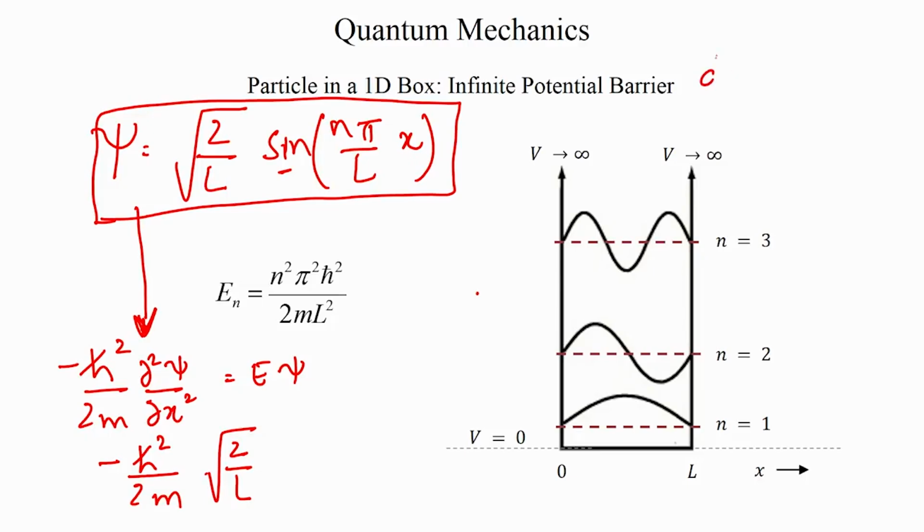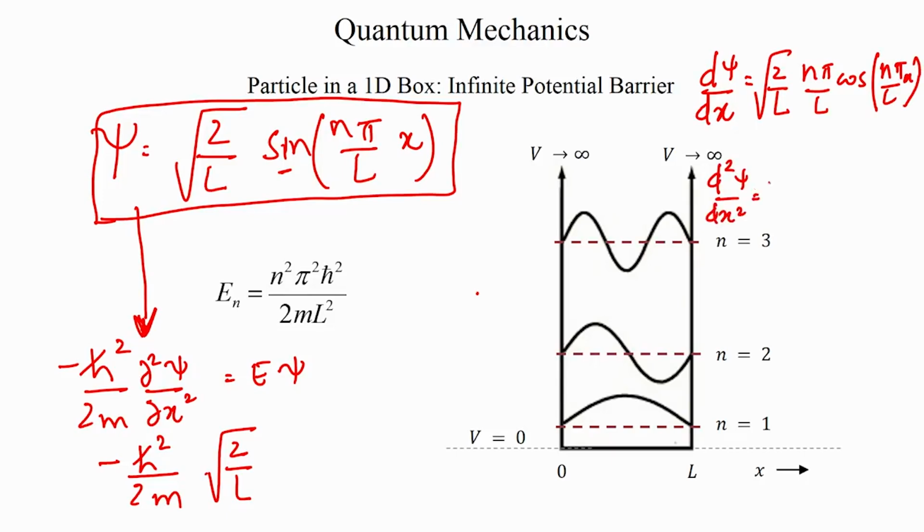So if you look at what is d psi by dx, it is square root of 2 by L into n pi by L cosine of n pi by L x, and my d square psi by dx square is going to be minus square root of 2 by L into n pi by L whole square sine of n pi by L x. We are going to use that term back here. There is going to be a minus sign because the derivative of cosine is minus sine, and that minus is going to cancel with this.